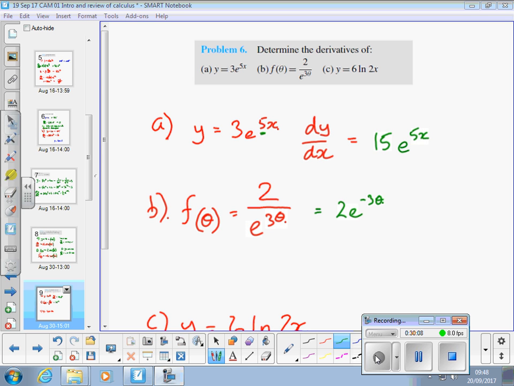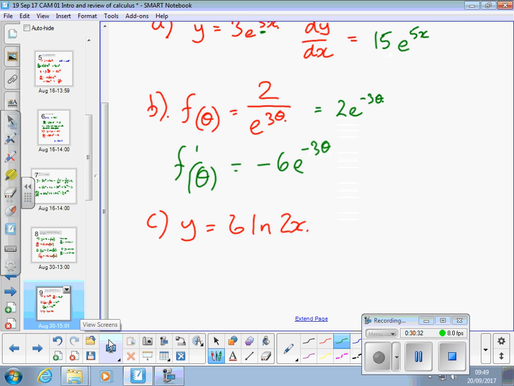So f dash theta is equal to minus 6 e to the minus 3 theta. Yeah. Sepi, last one. Yep.